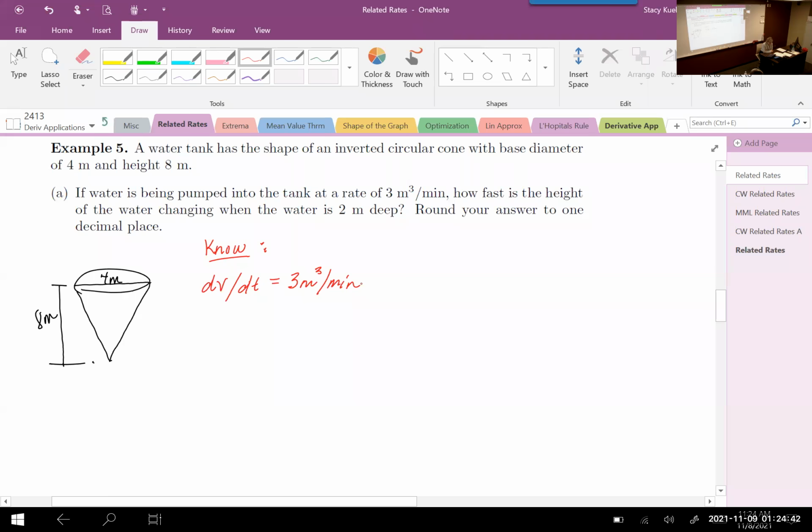Okay. What do we want to find? The rate of change of the water, so dH/dt, when the height is 2 meters.